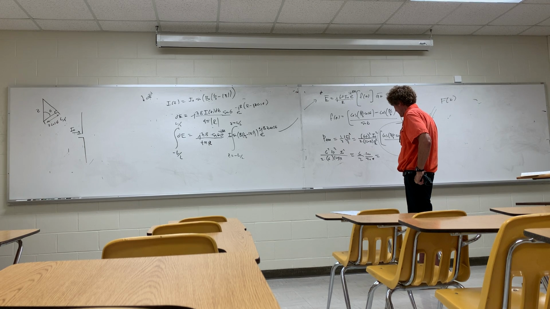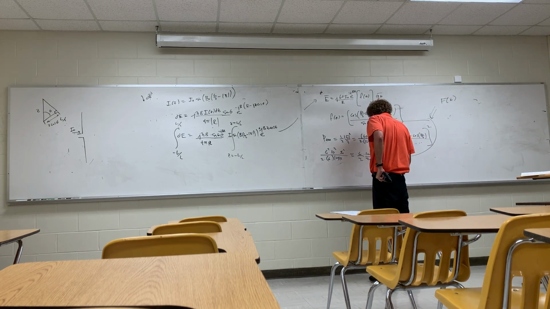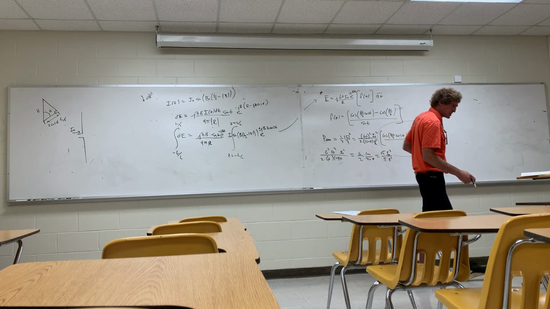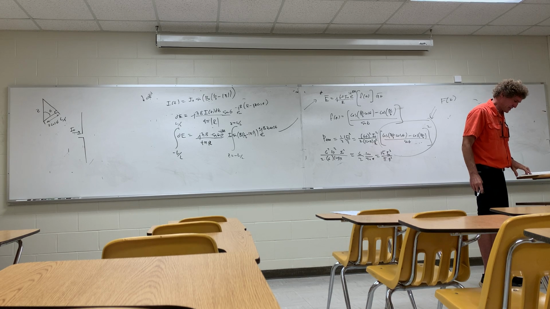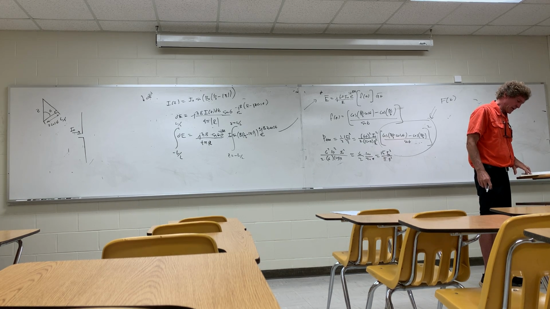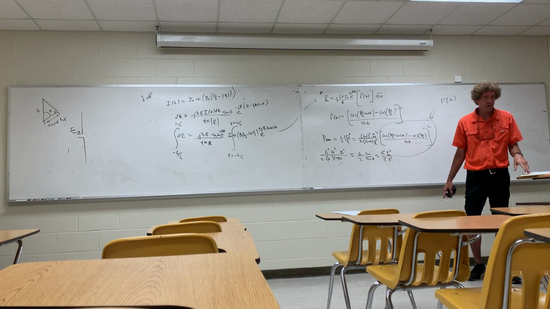So I have 3, so that's 15, right? 15 over pi, I naught squared over R squared. And I think that jives with his book. He has this as equation 8.76 on page 451, but that's where it comes from.